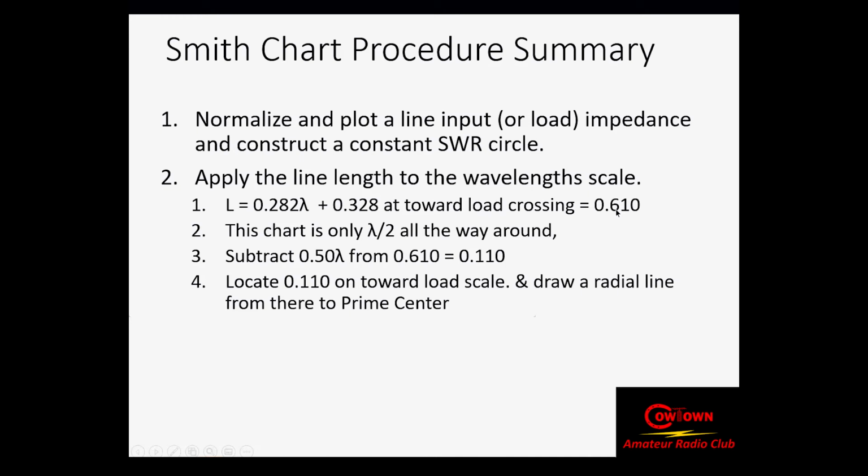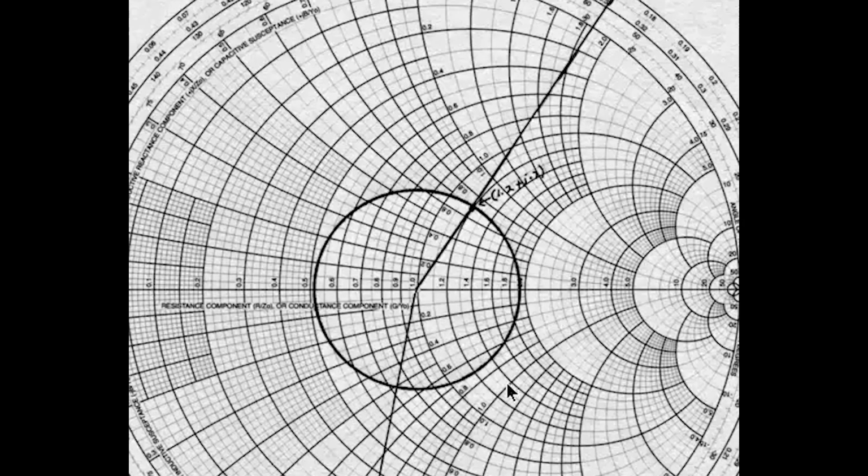The reason for that is that everything is identical every 1/2 a wavelength. So there's no point in charting more than 1/2 wavelength. So what I need to do then is simply subtract 1/2 a wavelength from that 0.610, and it gives me 0.110. So now I need to locate 0.110 on the toward load scale and draw a radial line from there to prime center.